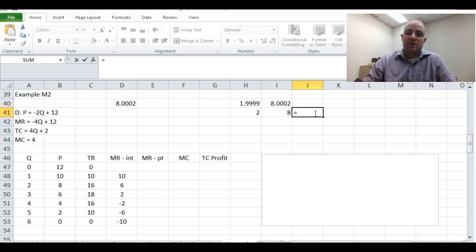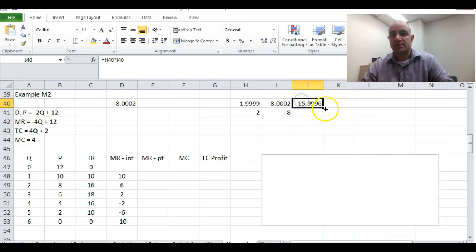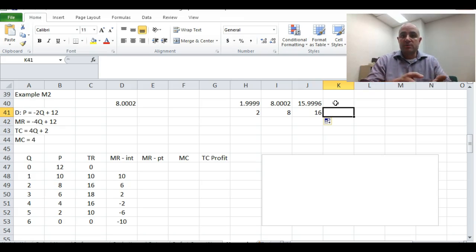So if you do total revenue, which is going to be your quantity times your price. Now, again, marginal revenue is the change in total revenue divided by the change in output.